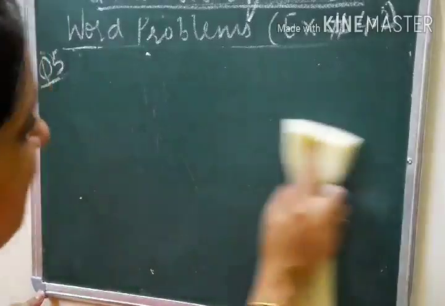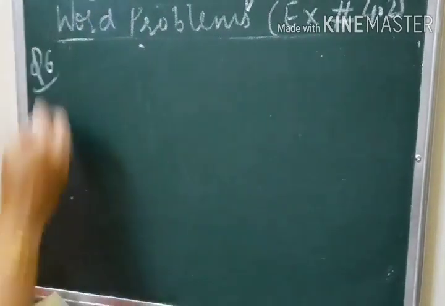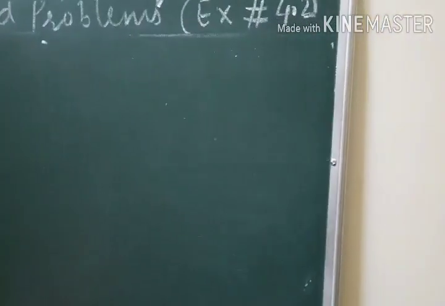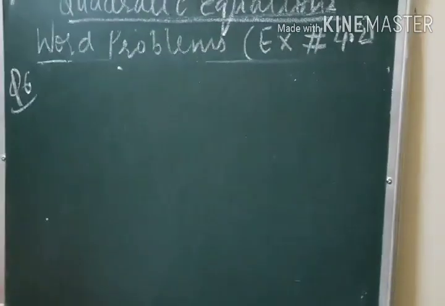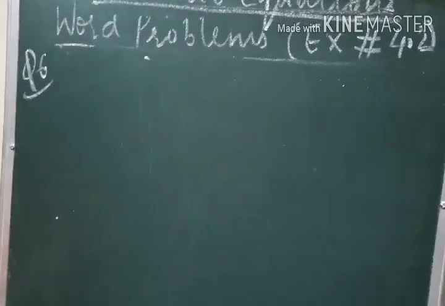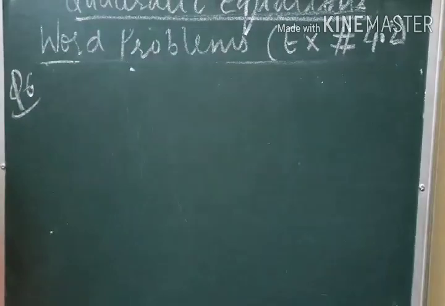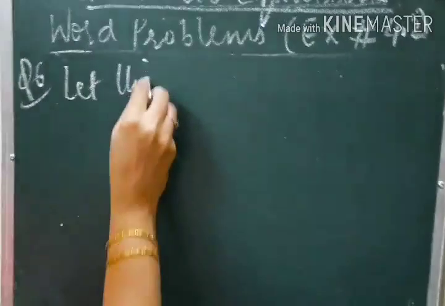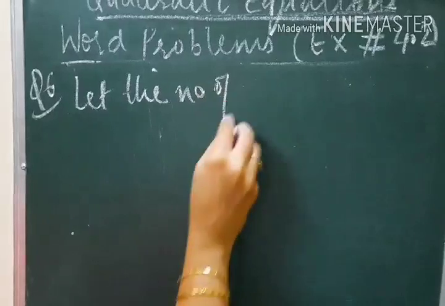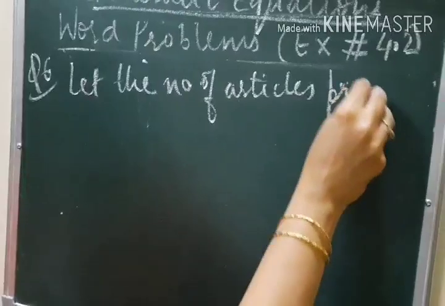Now we have to move with last question of the exercise, question number 6. This is your last question of 4.2. A cottage industry produces a certain number of pottery articles in a day. There is an industry which produces certain number of articles. Now let the number of articles produced be x.